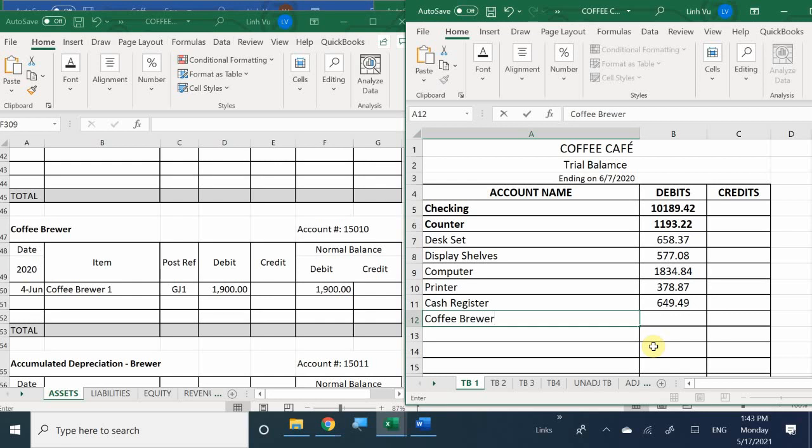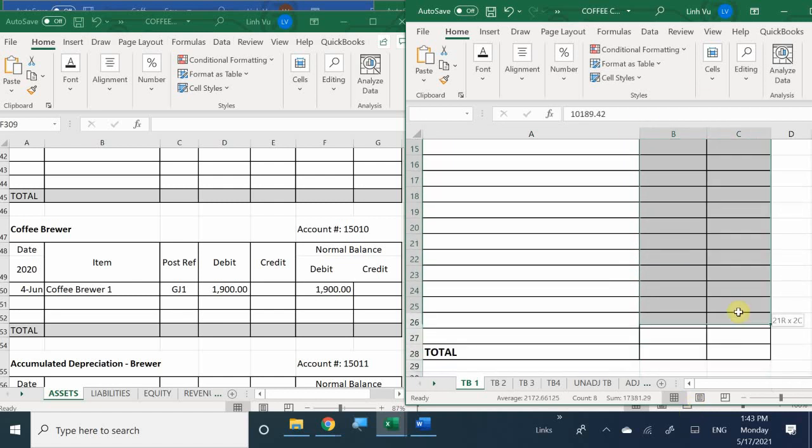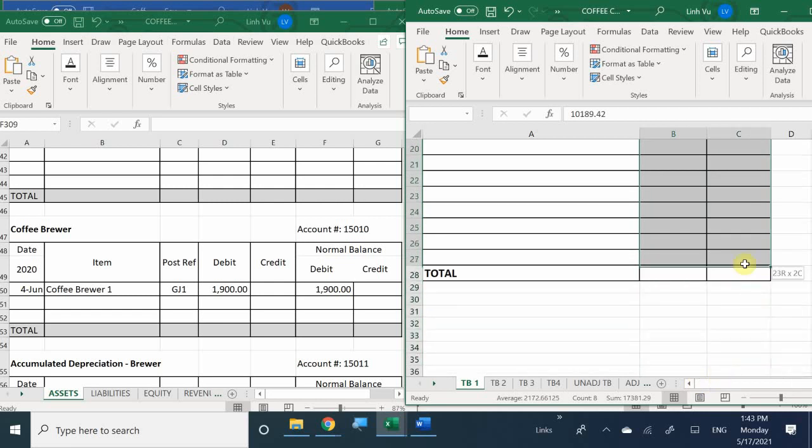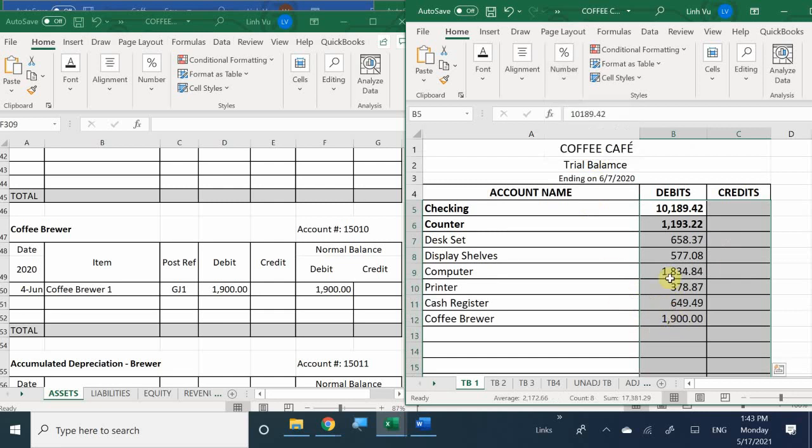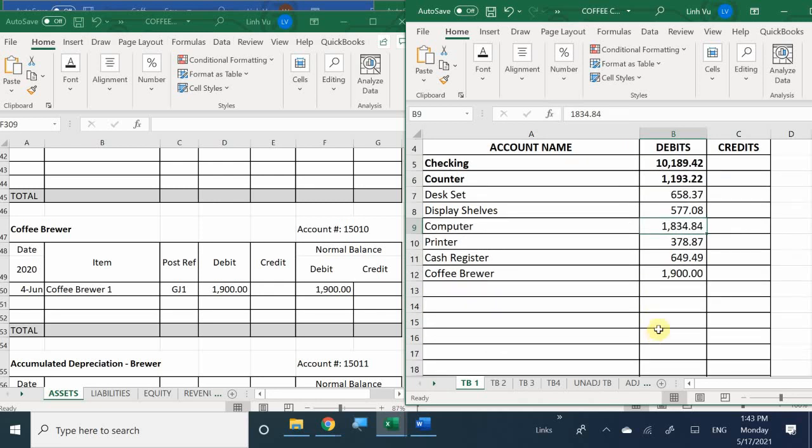Okay, we had one of them, right? And how much was it for? 1900. Okay. Once again, if you want to choose to do this, you can format your cells to reflect whatever type of cell that you want it, whether it's accounting, dollar sign, or currency, or comma style. Okay. So there you go. I have it for 1900.